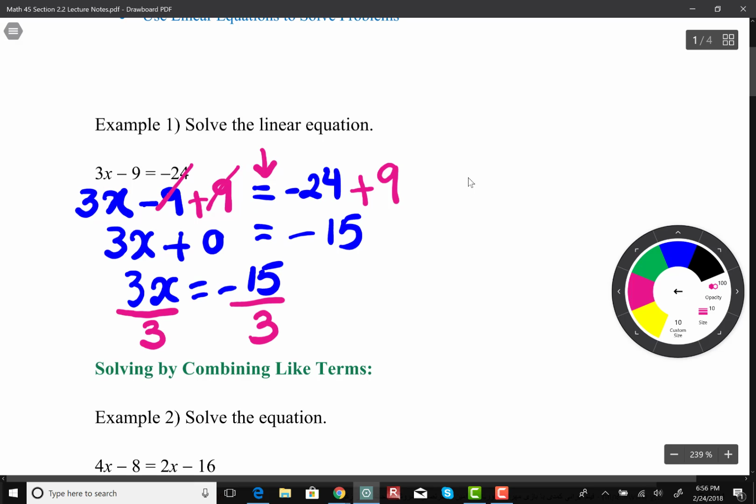And that is the multiplication property of equality. So this gives me 1 times x, and on this side is negative 5. 1 times x is just x, so x equals negative 5.